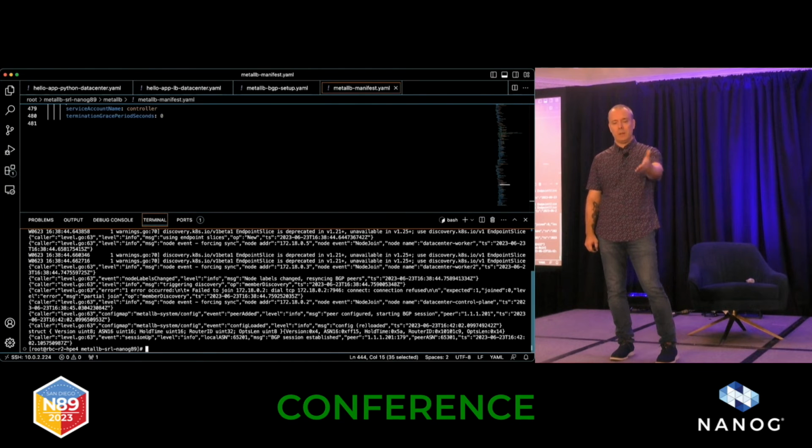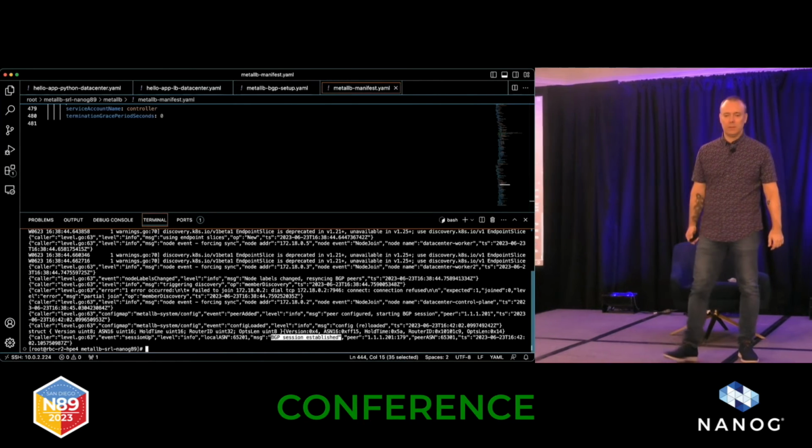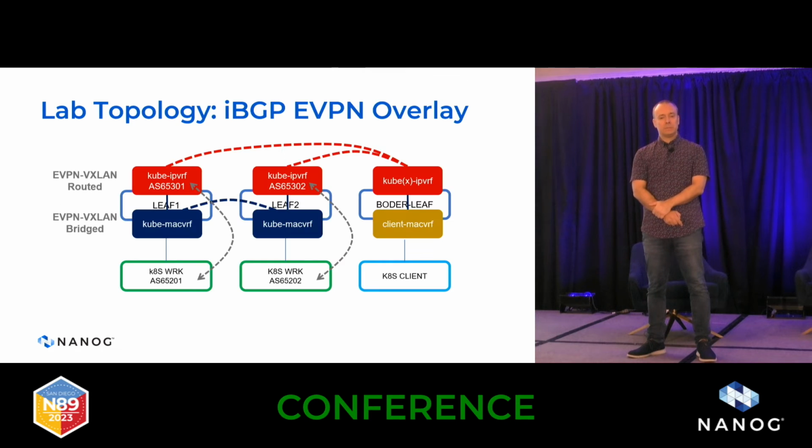And now you can see that the BGP relationships are working. They're established. So it's pretty easy. It's only maybe 20 lines of code that you need directly in the config map, and everything is going to be sorted out in MetalLB.